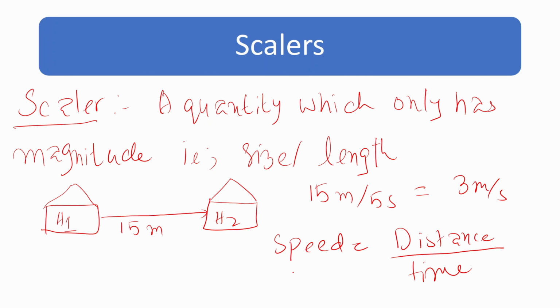Now let's talk about the mathematical operations that we can perform on scalars. Since scalars are just real numbers or numbers in general, we can perform mathematical operations on them exactly as we would on numbers. So they would look something like this.